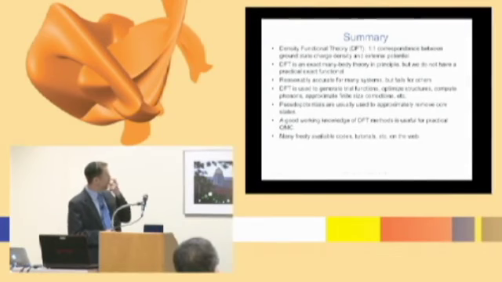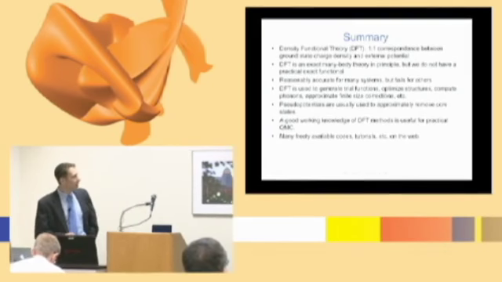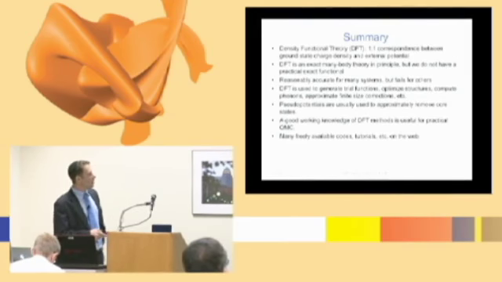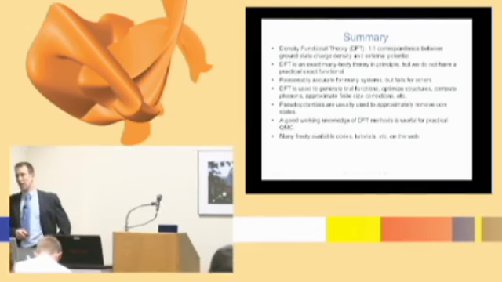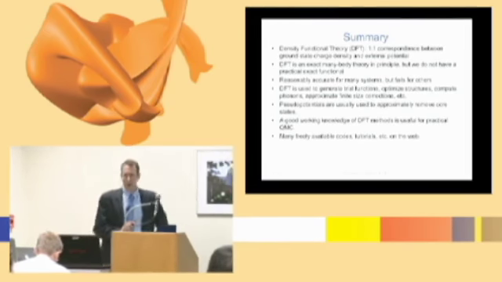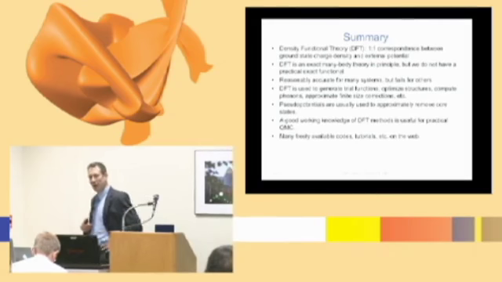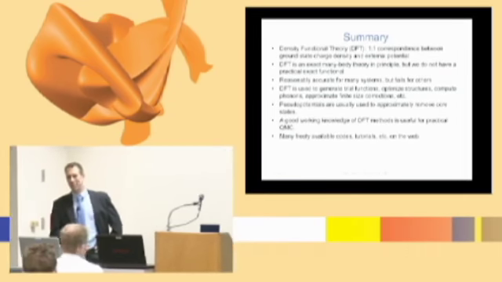Nevertheless, it's very useful for us to generate trial functions, optimize structures, compute phonons, finite size corrections, and so forth for QMC calculations. We use pseudopotentials to effectively approximately remove core states. And I think a good working knowledge of DFT is really useful for practical QMC calculations. There are many freely available codes, tutorials, and so forth on every aspect of what I've talked about today. Okay, thank you.